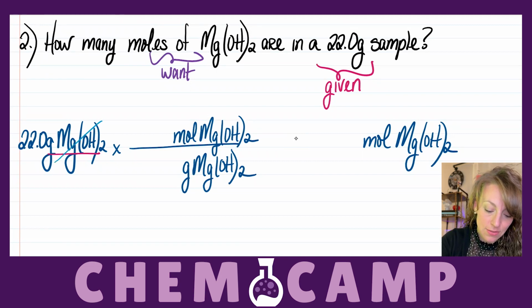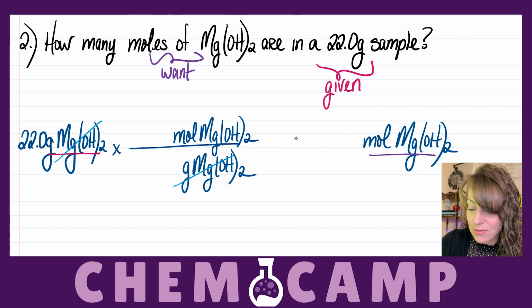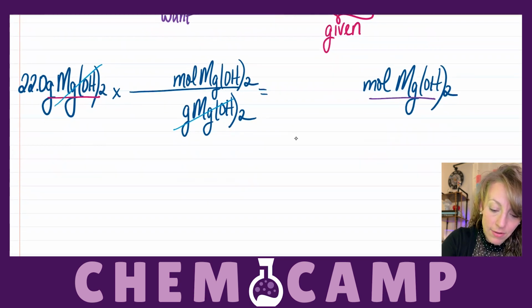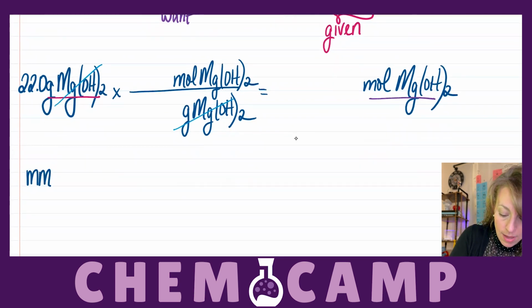Since I've canceled the unit I was starting with and now have the unit I was looking for at the top, I know I've set that ratio up correctly, and now I just have to calculate the molar mass of Mg(OH)2.